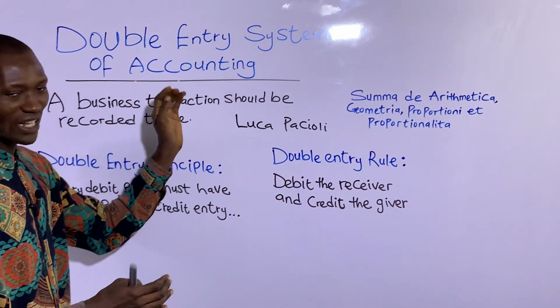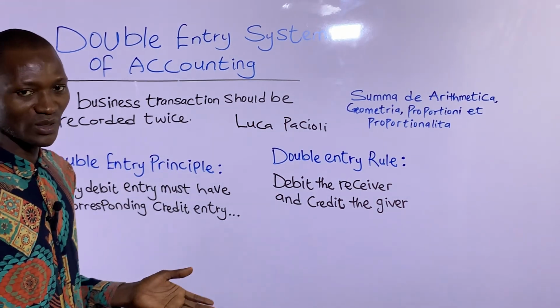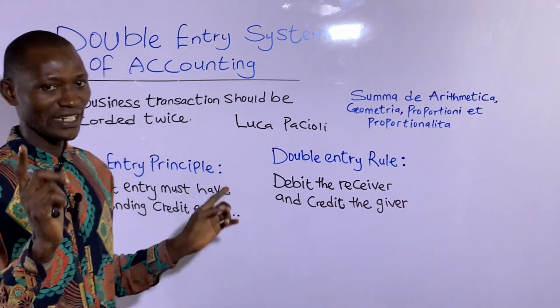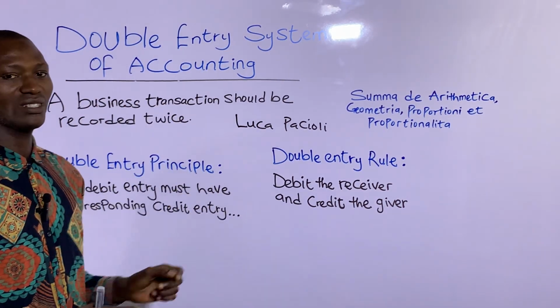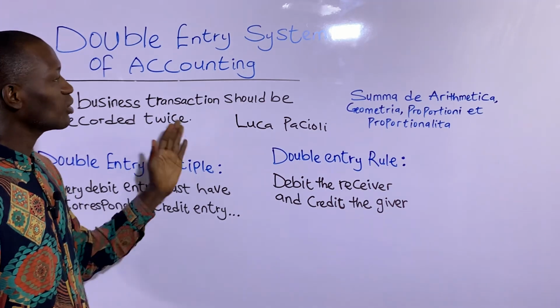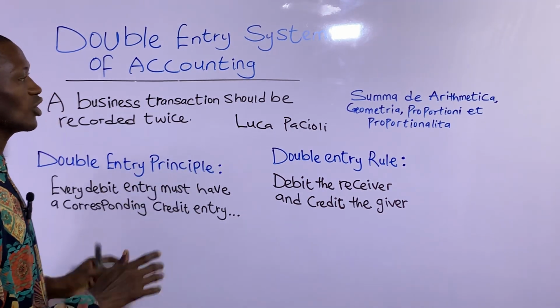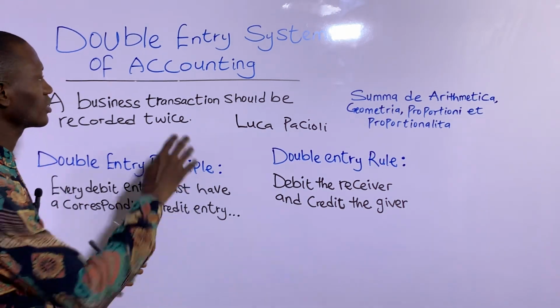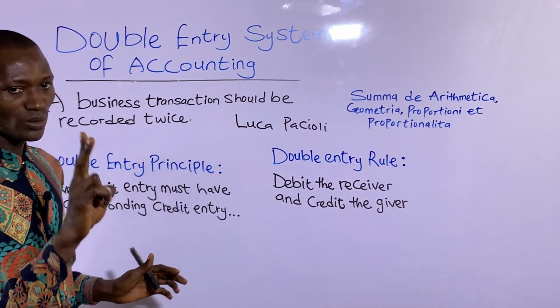So the double entry system of accounting is what we are going to be looking at today, what it means and all that. So let's start. Like I said, the double entry system of accounting is also called double entry bookkeeping. Now let's explain it. What does it mean? From the word double, double means two.